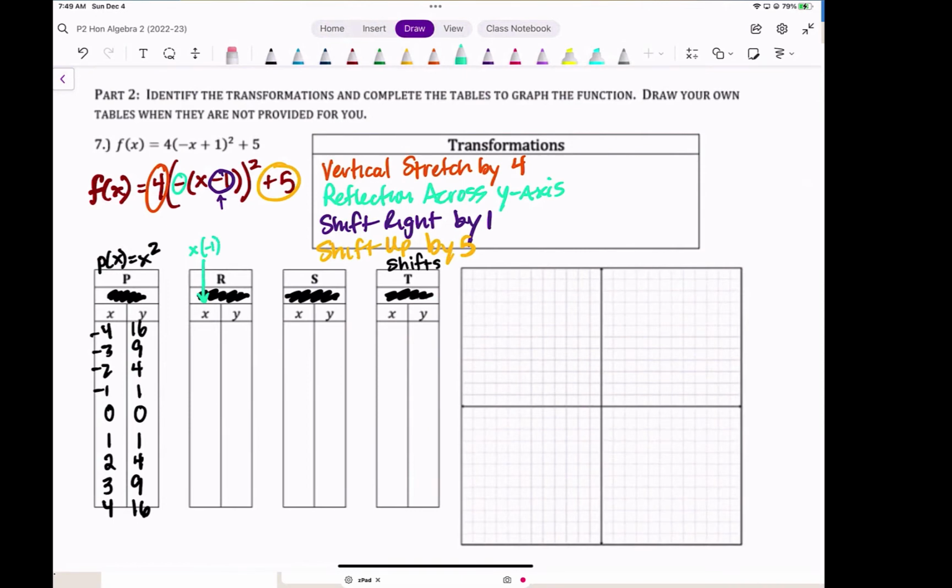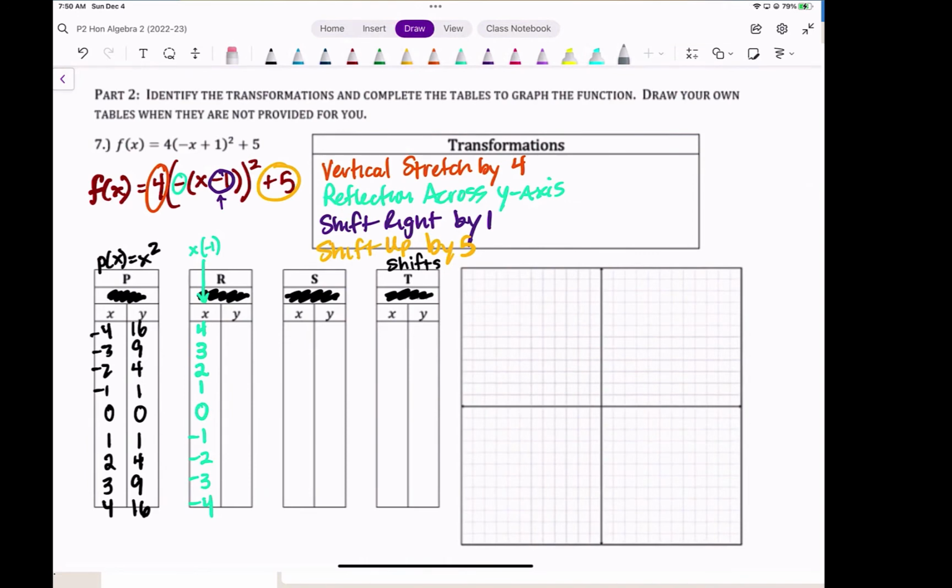So I'm taking my -4, -3, -2, -1, and now I'm going to multiply them by -1. They'll all be opposite. Since there is no reflection across the x-axis, nothing needs to change about the y-coordinates.